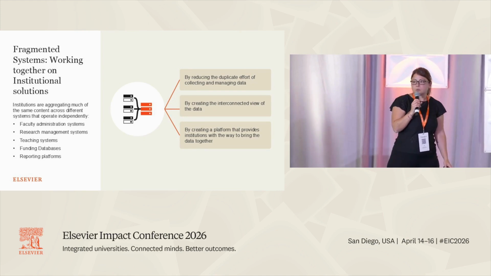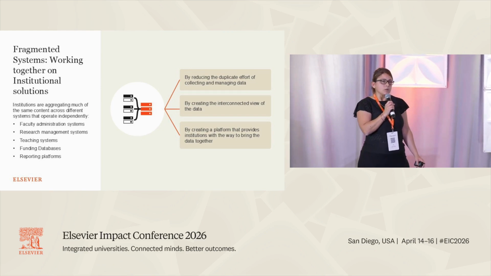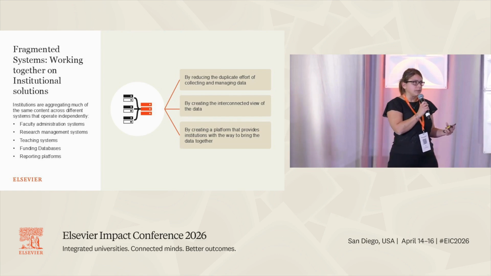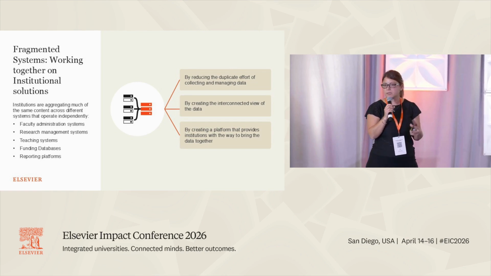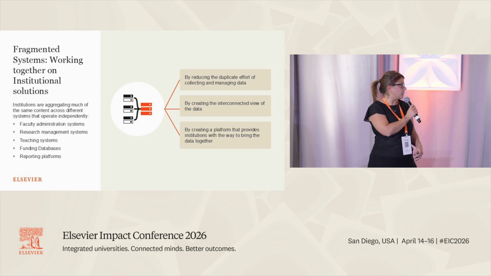So, as we know, the situation today consists a bit much of fragmented systems. Institutions have to aggregate much of the same content using different systems such as faculty administration systems like FAR, research management systems, reporting platforms, and funding databases.